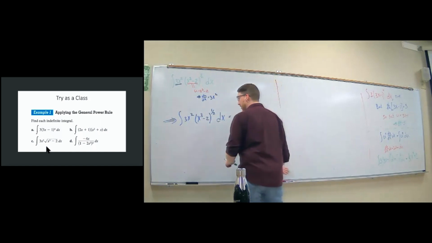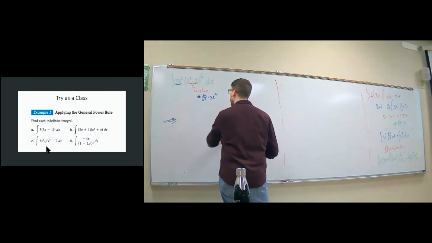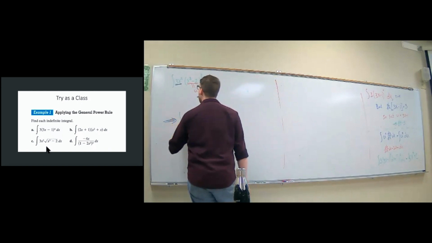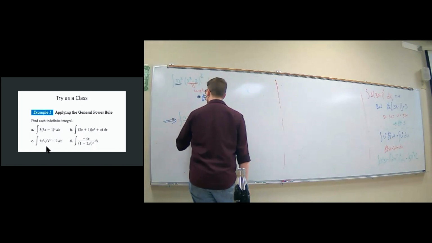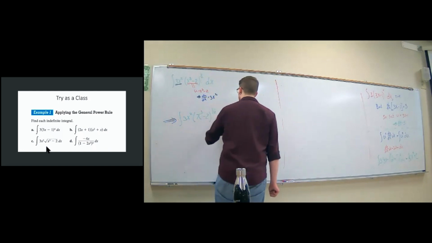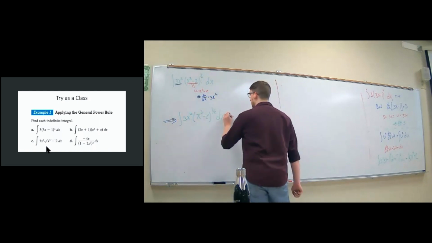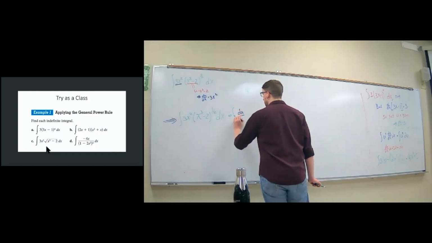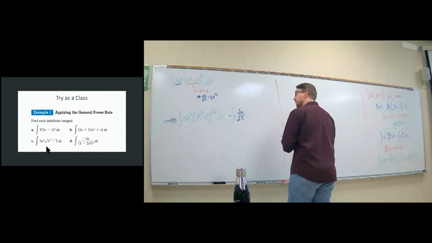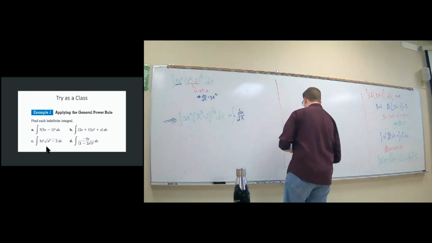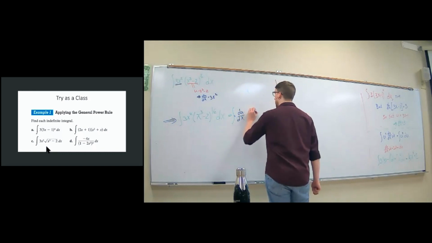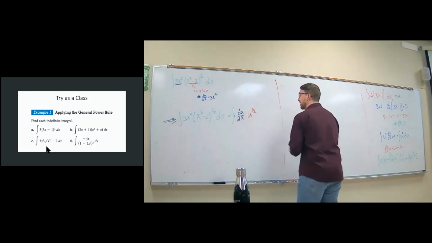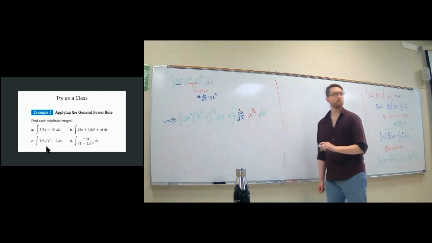Let me try to keep this color coordinated. Three x squared times x cubed minus 2 to the 1/2 dx is equal to du dx times u raised to the 1/2 times dx, right?